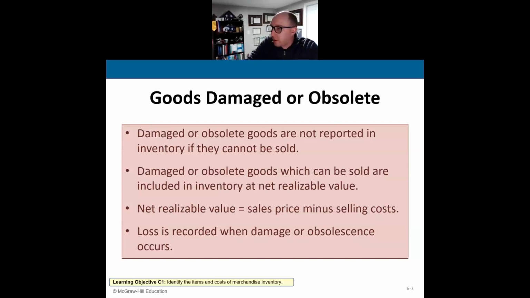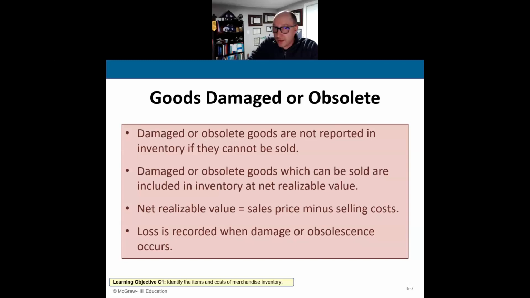Obsolete goods, I might still be able to sell them. Apple's still selling the iPhone 13. It's obsolete because it was replaced by the iPhone 14, but they're still selling it. Okay, so they'll sell it at a discount. Now, in some cases, it doesn't work that way.